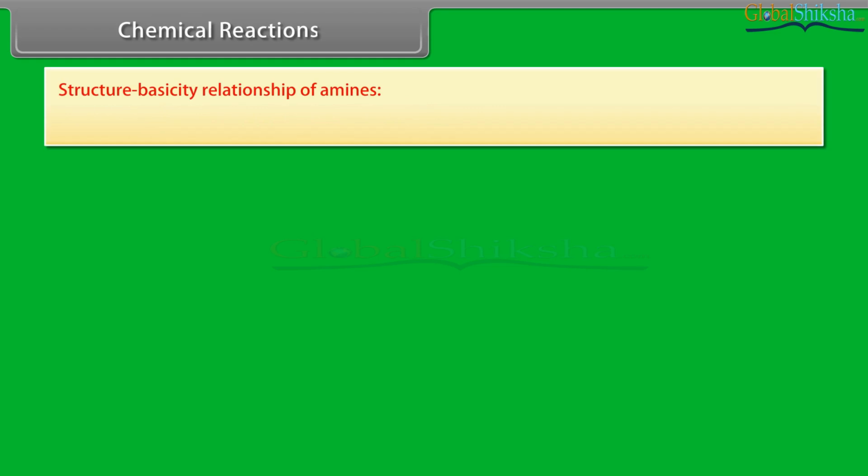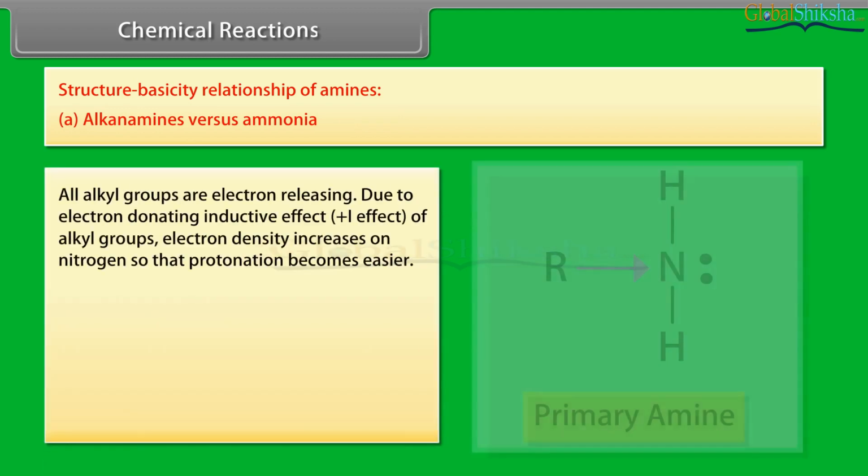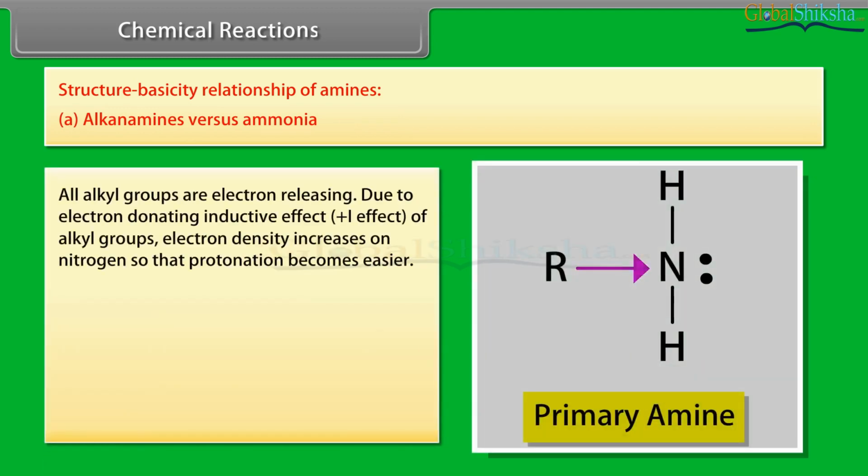Structure-basicity relationship of amines. Alkanamines versus ammonia. All alkyl groups are electron releasing. Due to the electron donating inductive effect, that is the positive I effect of alkyl groups, electron density increases on nitrogen so that protonation becomes easier.